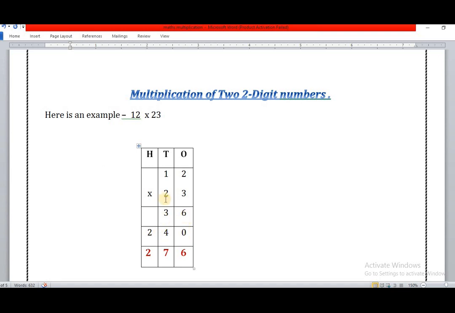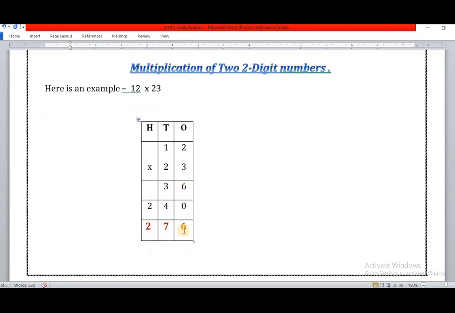And the third step, I have multiplied the number in ones place by 2. 2 twos are 4. And in the fourth step, I have multiplied 2 into 1. 2 ones are 2. And the last step, I have added these two numbers. 6 plus 0 will be 6. 3 plus 4 will be 7. And 2 I have written. After multiplying 12 into 23, I have got the product 276. Clear?